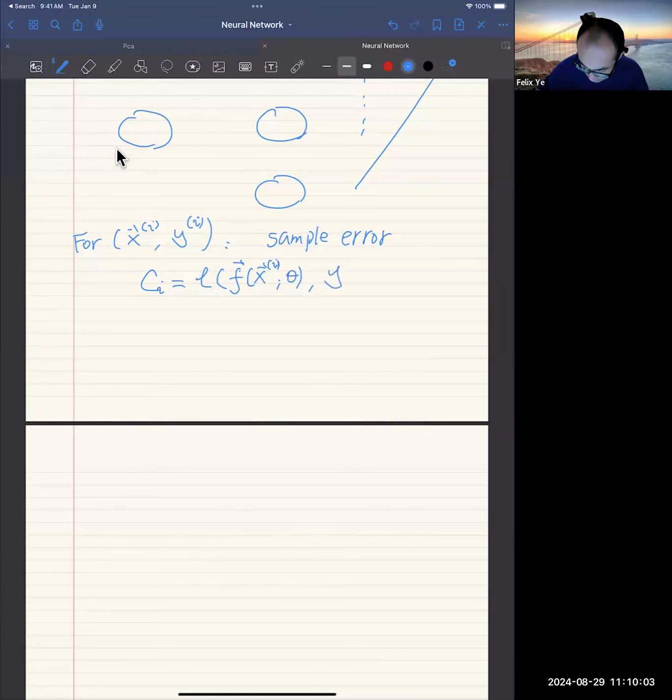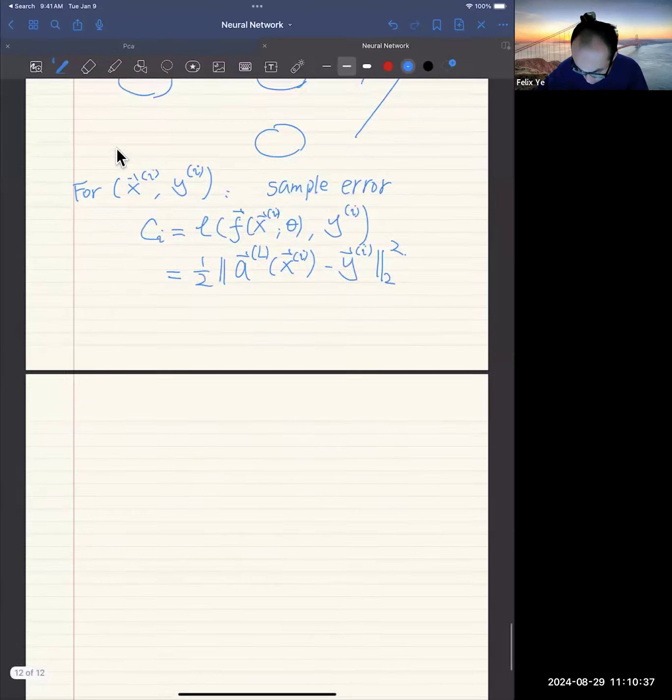If we choose the square error, that's 1/2 of the squared 2 norm of a^L of x_i minus the one hot encoding of y_i. Then each individual derivative becomes the following.